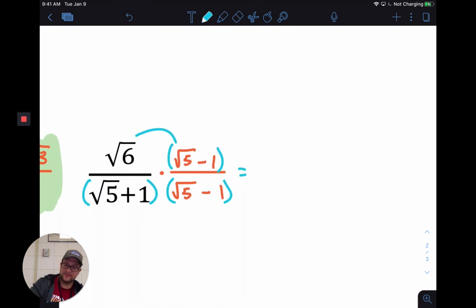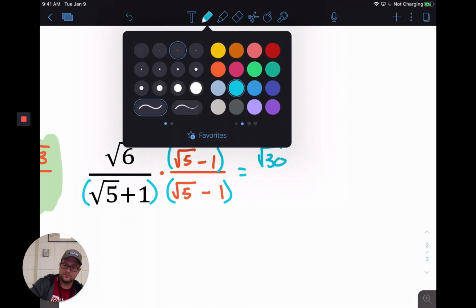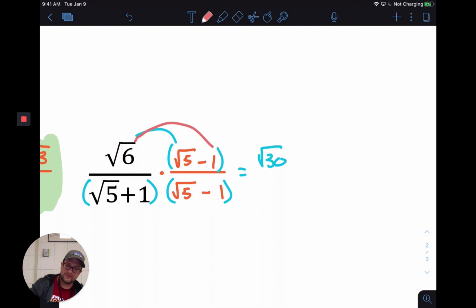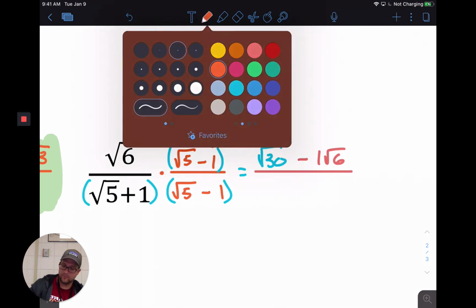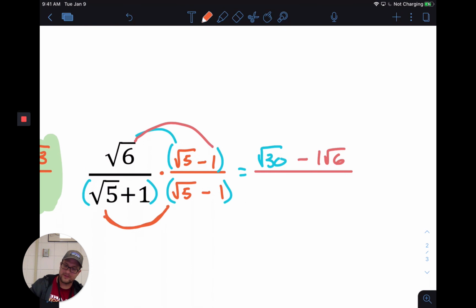The square root of 6 times the square root of 5 will be the square root of 30. The square root of 6 times a negative 1 will be minus 1 square root of 6. Across the bottom, square root of 5 times the square root of 5: like radicals multiplied together, the radical signs drop, and we're just left with 5.